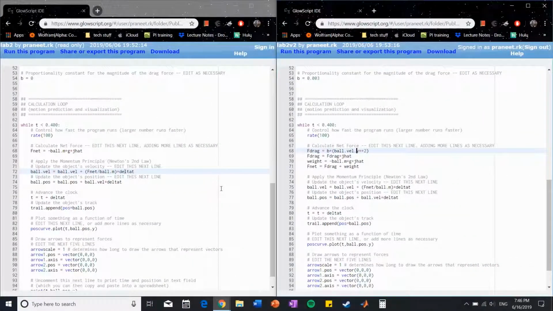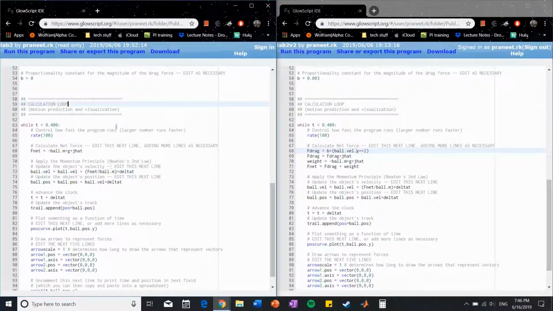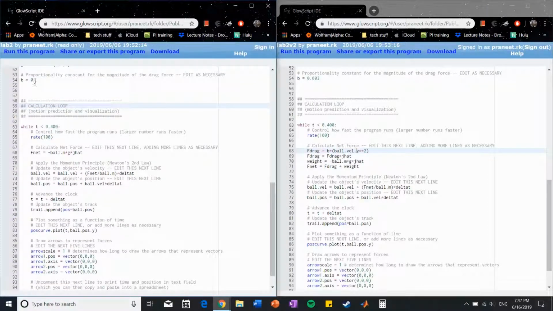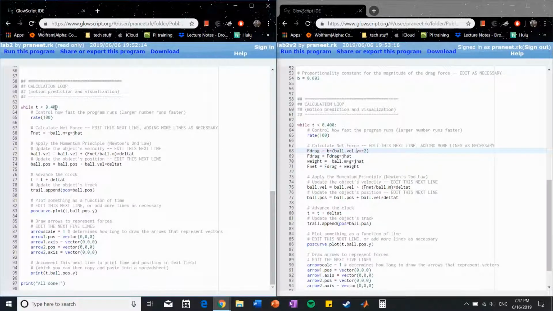Alright, now, the code for my computational model without having any drag force is here as shown. The proportionality constant used for the magnitude of the drag force is 0, which means the drag force is 0, right? So the delta time that I input was 0.400 seconds, which I got from Tracker. The net force in this case is simply going to be the gravitational force, because this is theoretical.